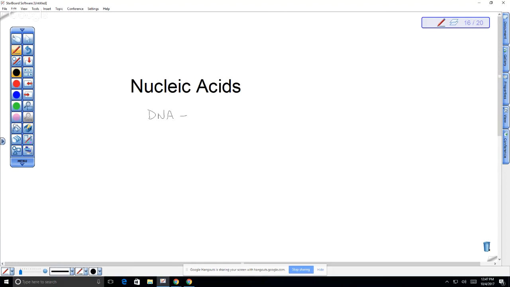But this is short for deoxyribonucleic acid, or DNA. So DNA actually has a sugar component, and that is what the deoxyribose is. Ribose is a sugar. So when we look at the DNA, it has a sugar, right? And that's the deoxyribose.